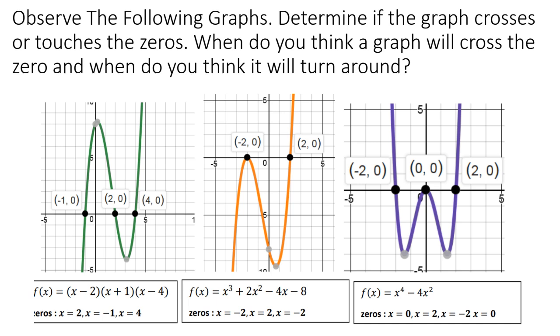So when I see that I have two answers that are the same value, what this is referring to in our graph is that our graph is touching. So whenever you see a graph that touches, that means that this zero here at -2, 0 counts for 2. There are 2 zeros there, okay?